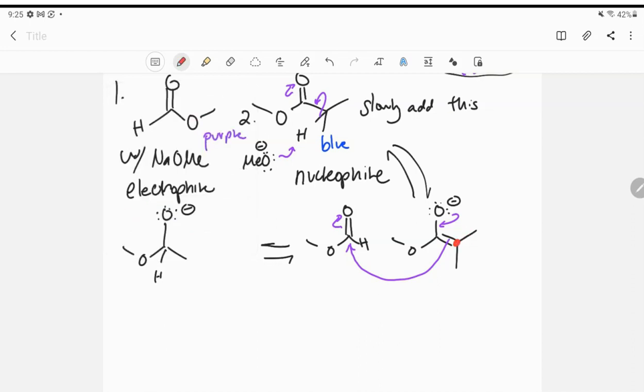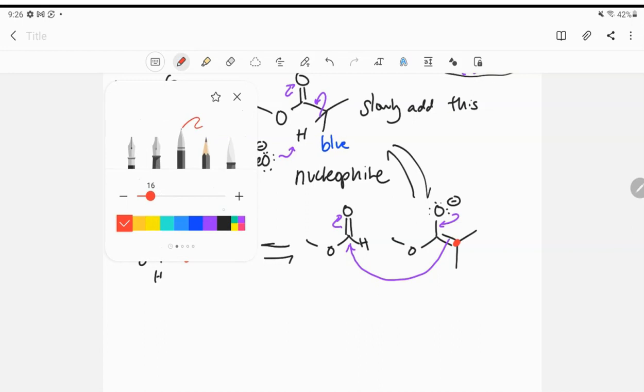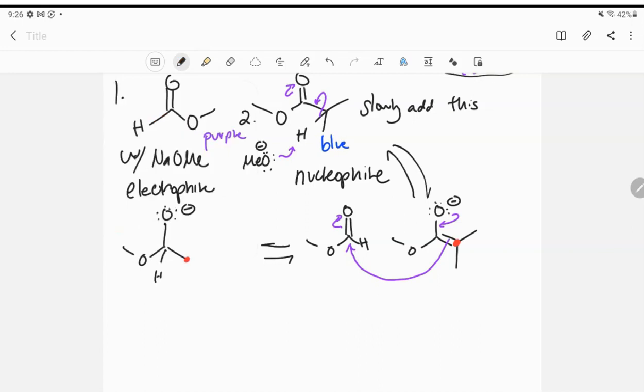This carbon is now going to be bound here. Right, so that's that carbon, the one that just attacked the aldehyde. So we have our 2 methyl groups there, and then we have the rest of the molecule, which will be the methyl ester.